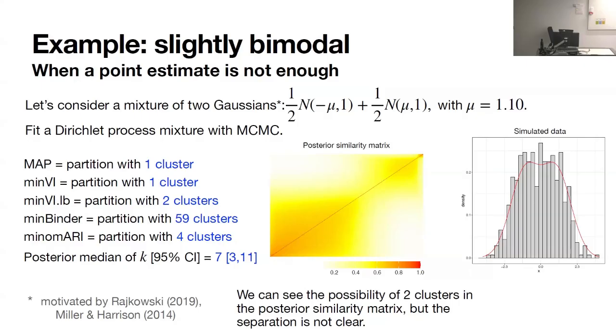This is interesting because there was a 2014 paper by Jeff Miller, who showed that this model is inconsistent for estimating the number of clusters. Marginally, if you look at the number of clusters, it's overestimated. He had an example where there was just one cluster, and the probability of having just one cluster marginally goes to 0 as n goes to infinity.